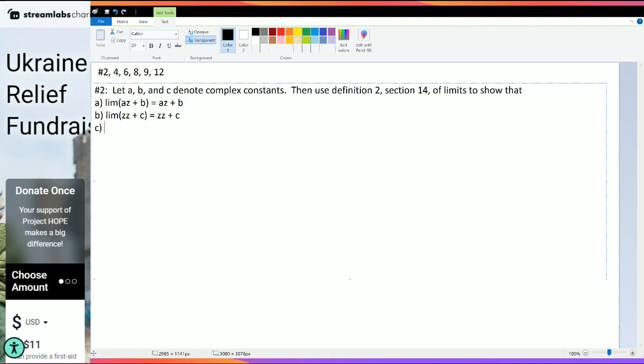And then part C, we have the limit as z approaches 1 minus i of the following expression, x plus i(2x plus y) equals 1 plus i, where z equals x plus iy.